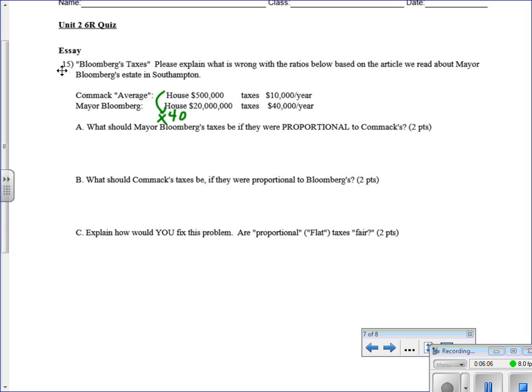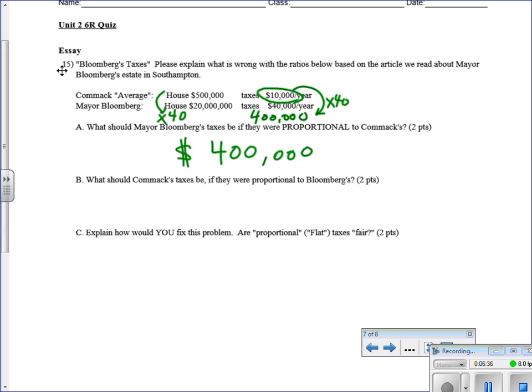Now, if each house in Comac pays $10,000, 10,000 times 40 is $400,000. So if he owned 40 houses in Comac that would be worth the same as his estate, his taxes would be $400,000. So if his taxes on his estate were proportional to Comac's, that's what his yearly taxes would be. Go the other way.